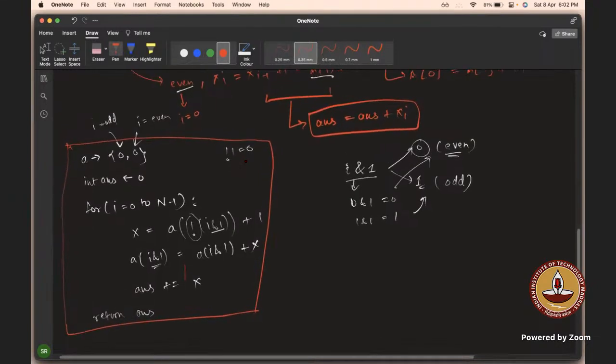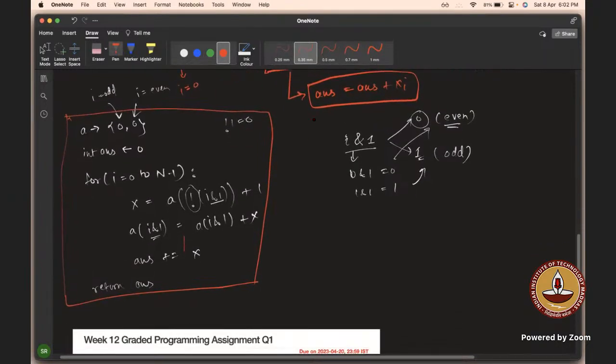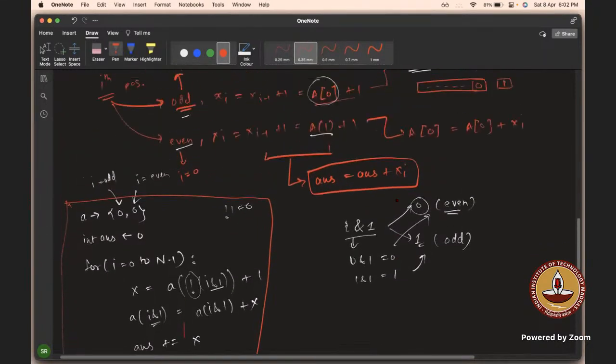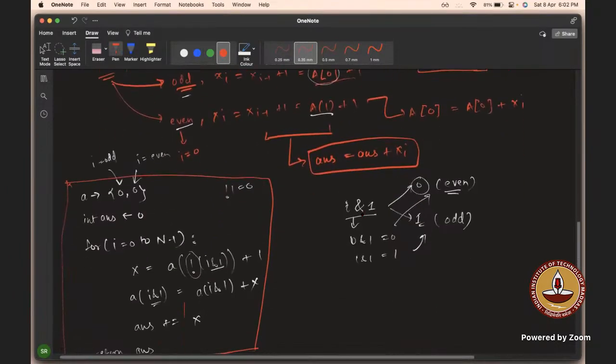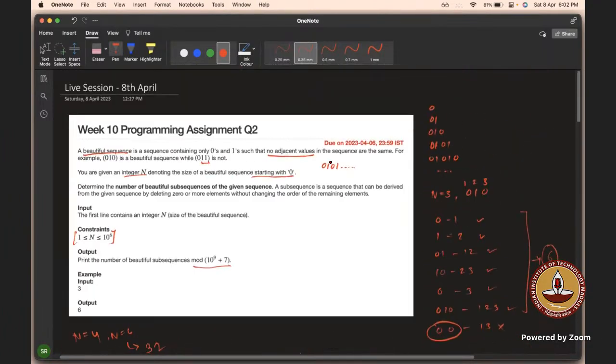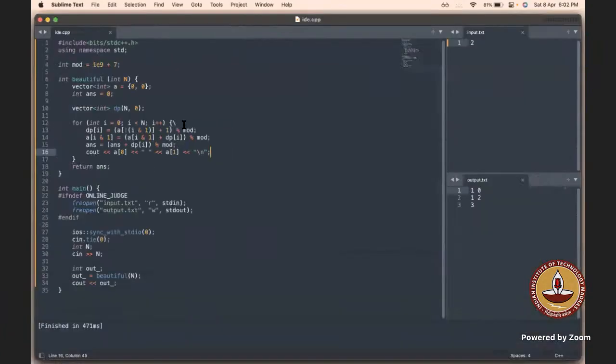Right. Now, let's look at the code for this solution. And our algorithm is pretty clear, right? This is what we are doing. Okay, let's come to the code part. What we are doing is taking the input n, right? And then we have defined another function, beautiful, for the main algorithm part, right?